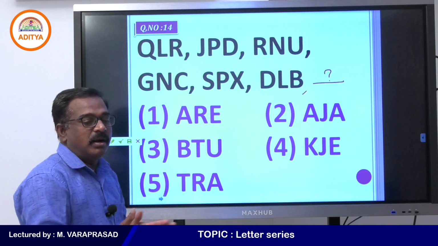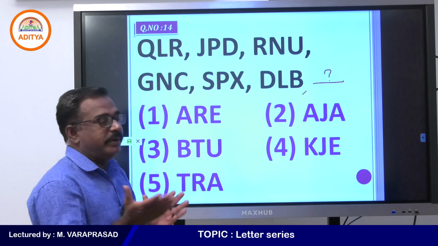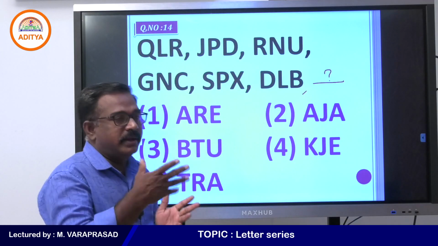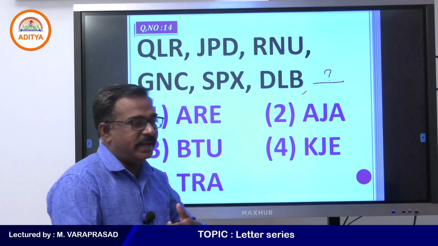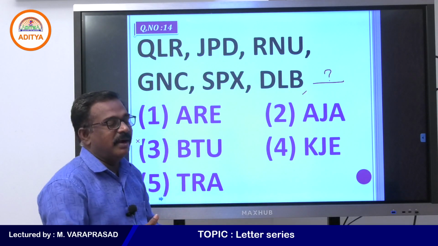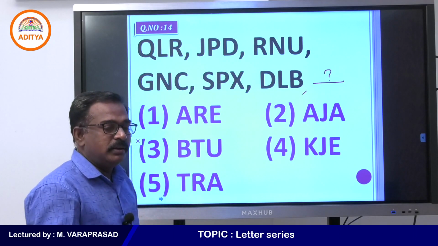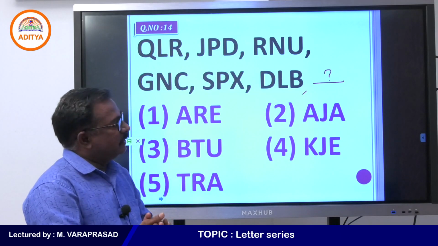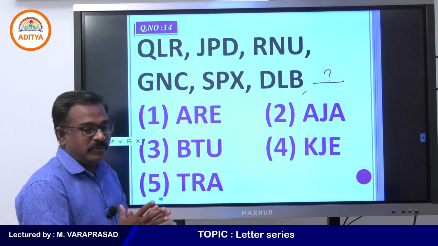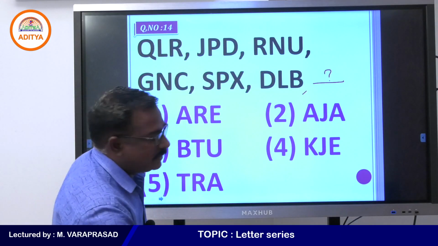Alternate series, if you take. Alternate means, suppose today is Wednesday, alternate day means the middle one we will drop and we will take the next day as Friday. Today Saturday, alternate days means again you need to come on Monday. So if you take here alternately, what will you get?